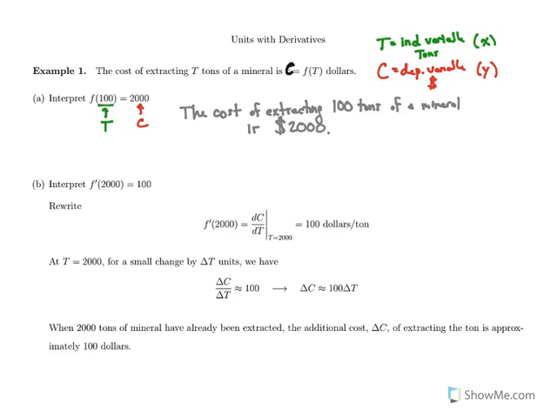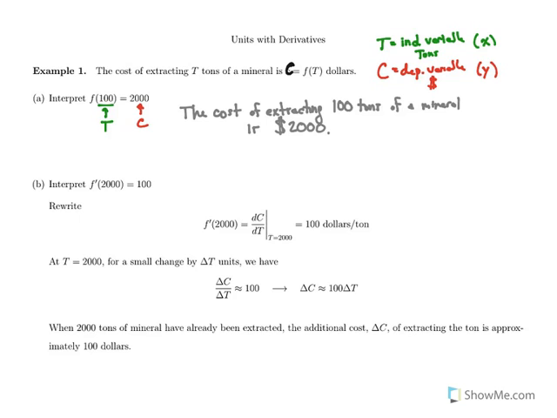Now let's look at the new thing, which is how do we interpret the derivative? Let's say we had f prime of 2,000 equals 100. We're going to use this Leibniz notation to help us understand what this means. First, let's rewrite it in Leibniz notation. f prime of 2,000 is dC/dT. That's like dy/dx. Remember, C is like y, T is like x.